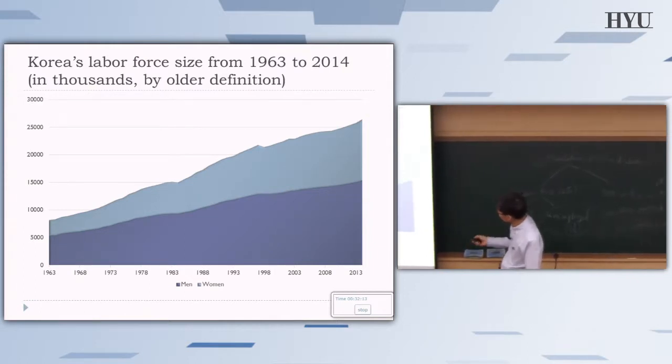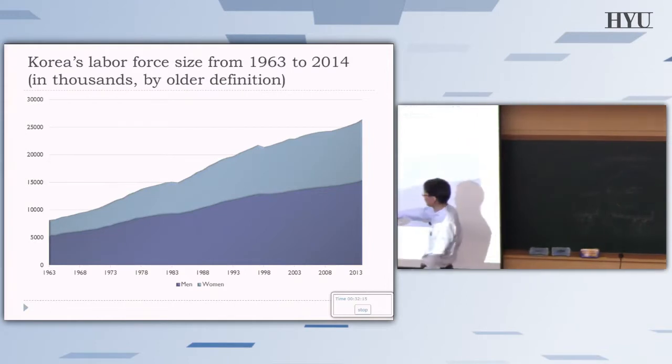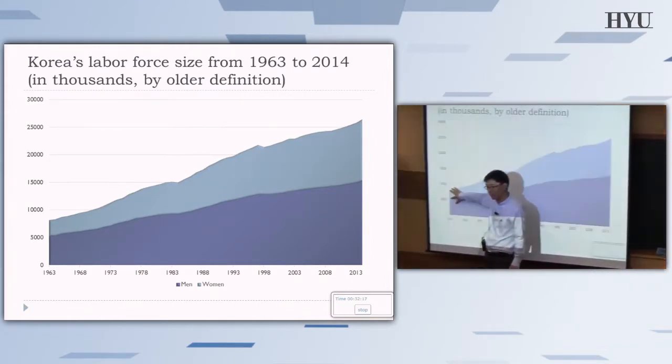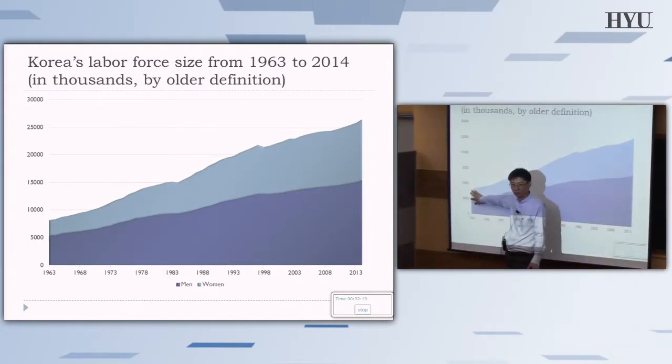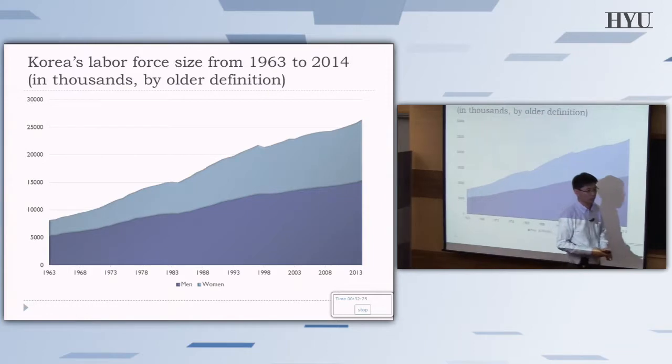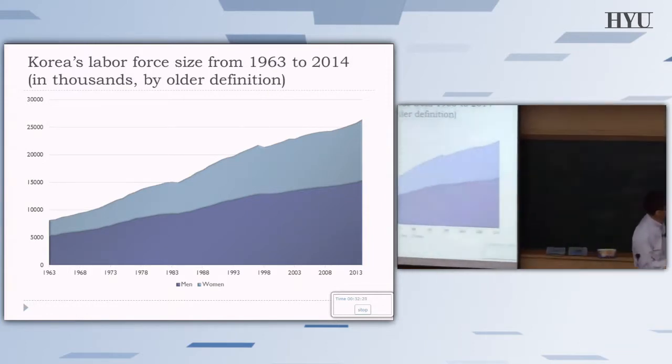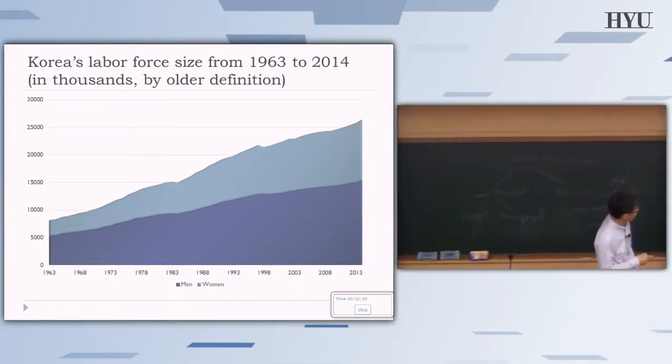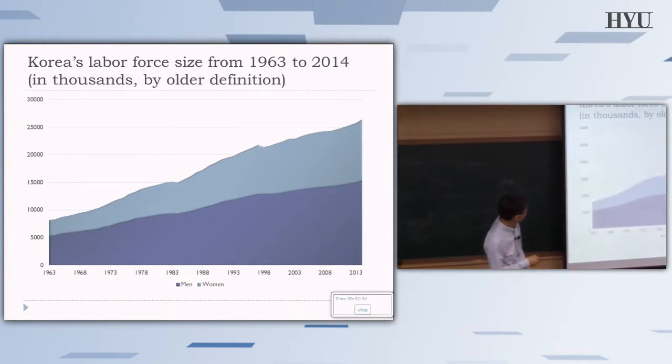You can see that in 1963, female labor force was a very small number, probably less than a third of the total labor force. But now, what is it? It's not half, but very close to half, I guess. So you can see that a much faster increase happened for female labor force participation.